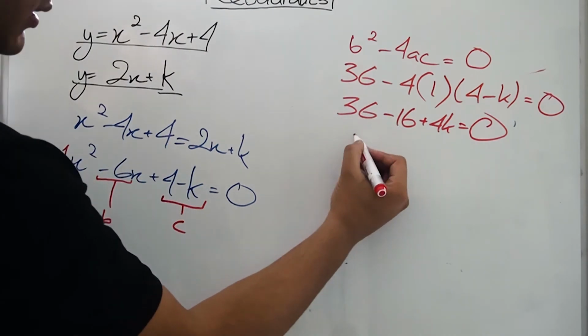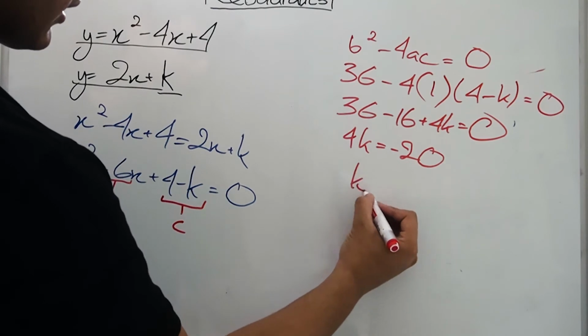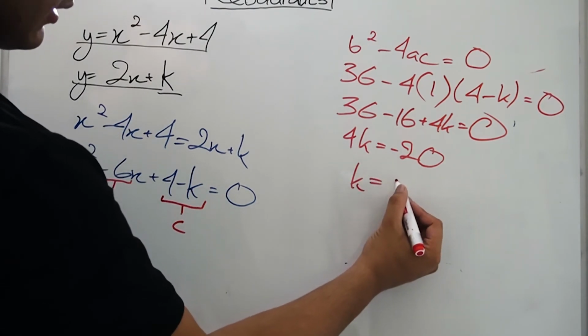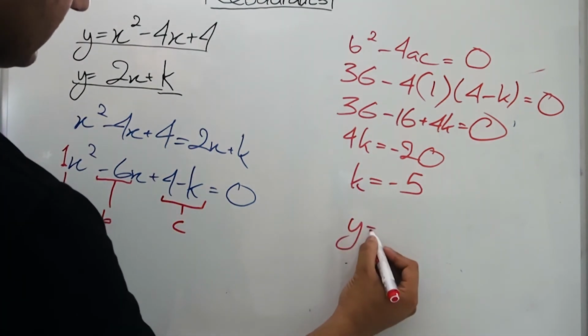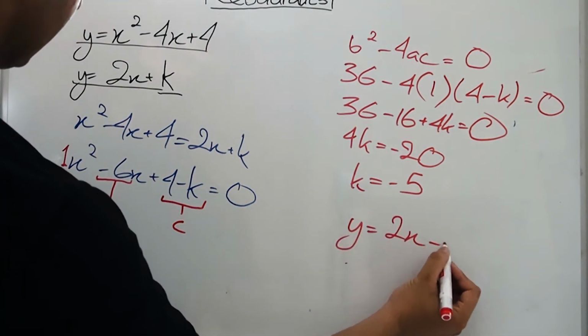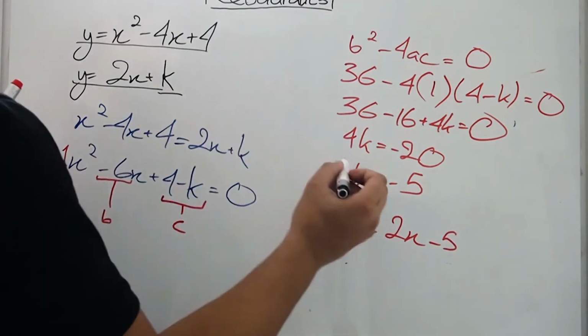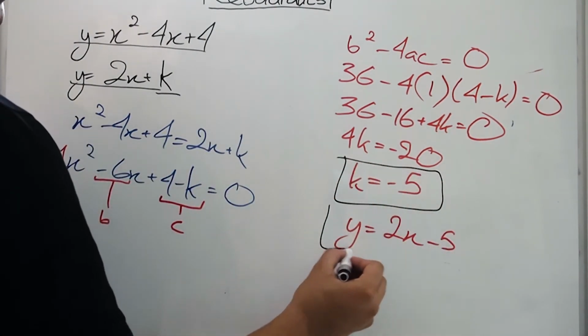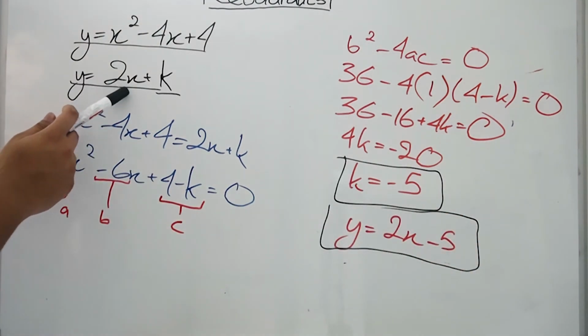Now that we do this, 4k equals minus 20, k equals minus 5, y equals 2x minus 5. This is the value of k, and this is the equation when it is going to be a tangent to this curve.